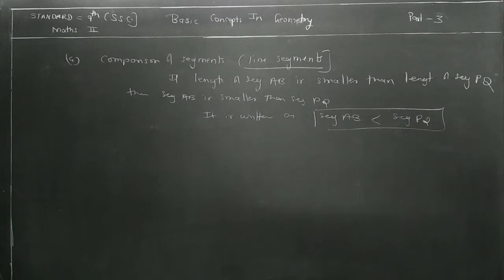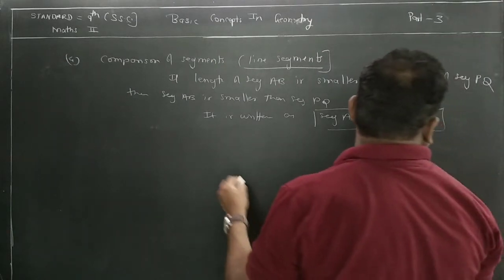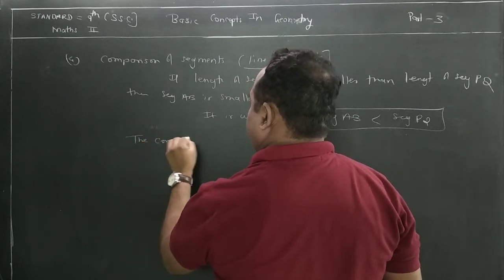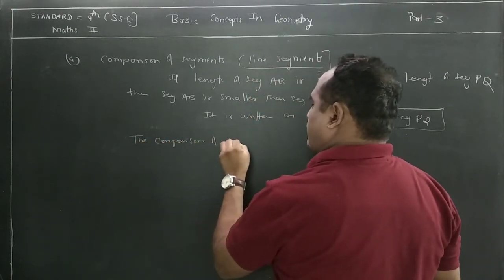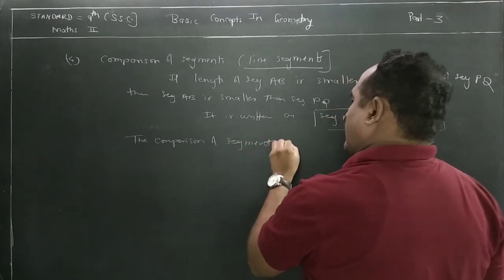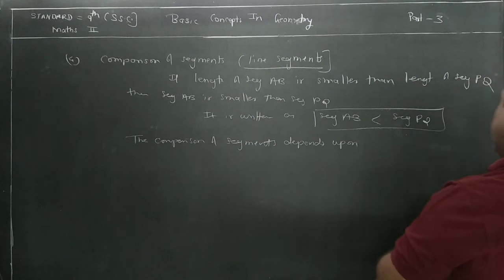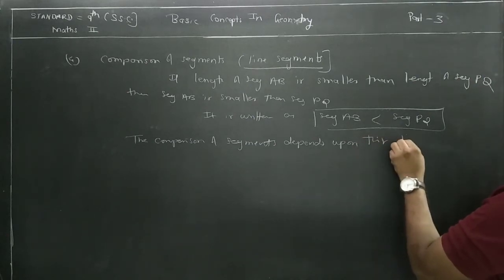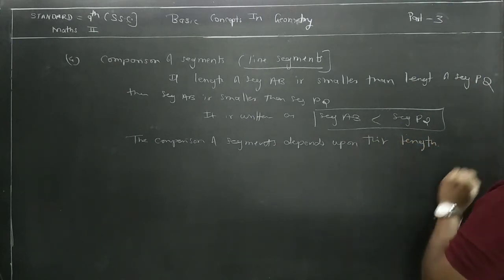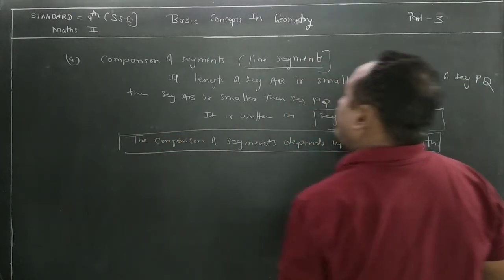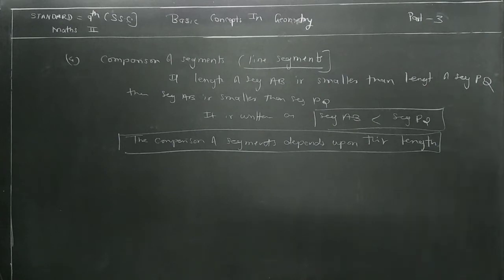Okay, and one more thing for comparison: the comparison of segments depends upon their length. Have you understood this? Once again, what is the comparison? Just which segment is larger, which segment is smaller.